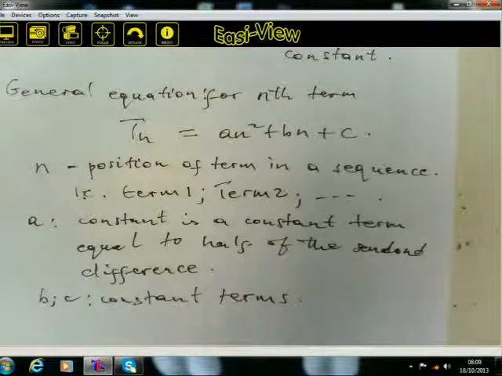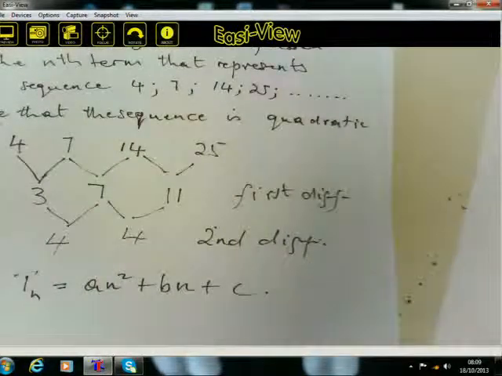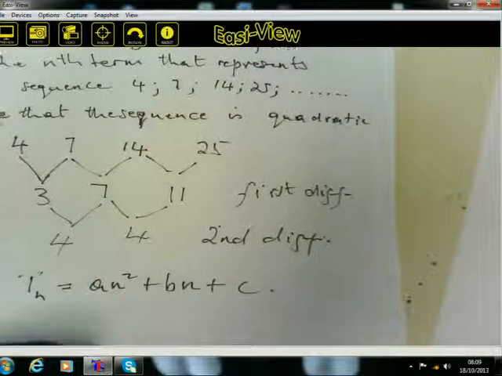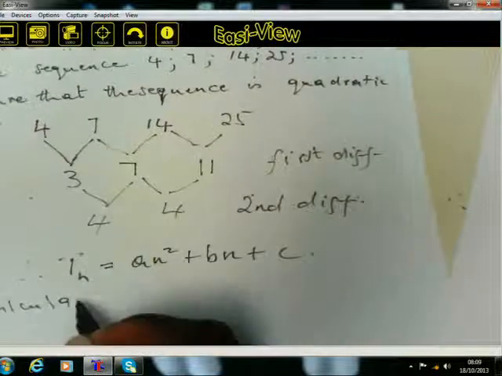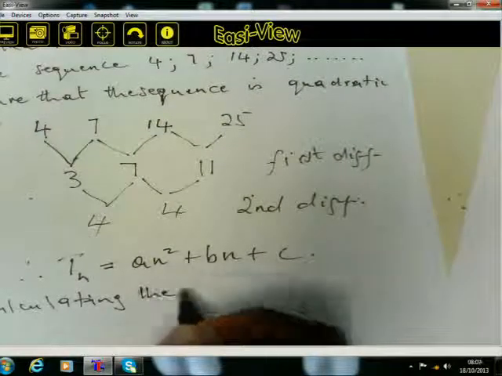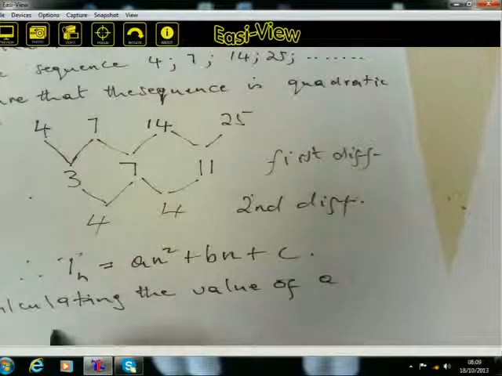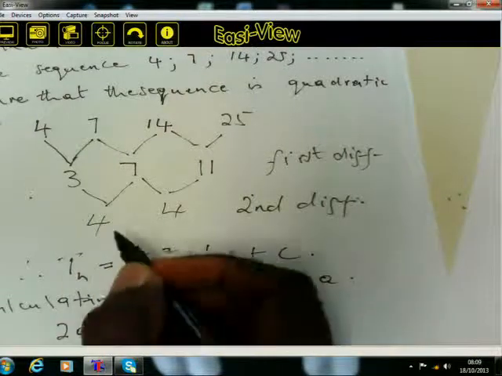And then obviously b and c are also constant terms. Now, let's see from here, how do we go about it? We start first by calculating the value of a. What did we say? We have said that a is half of the constant difference.